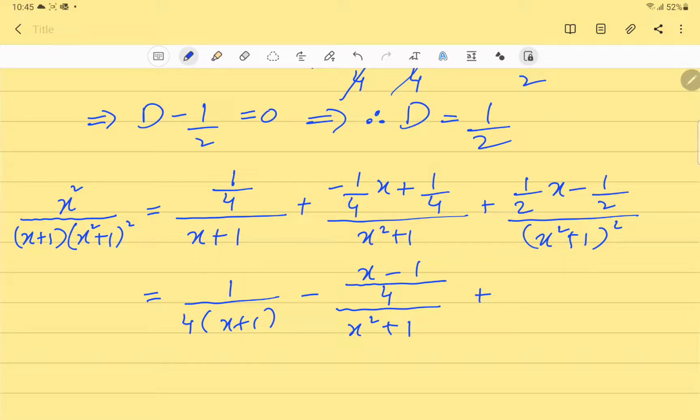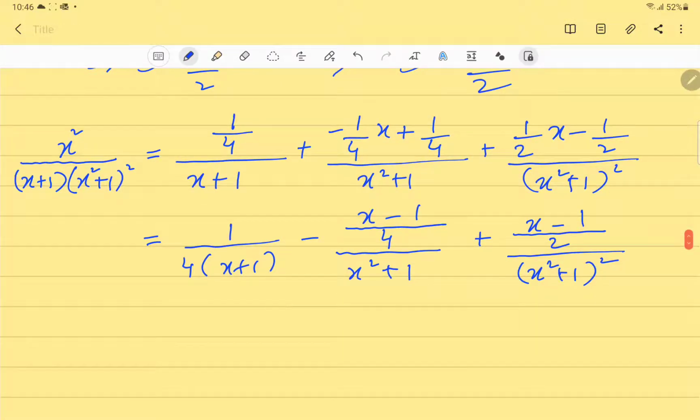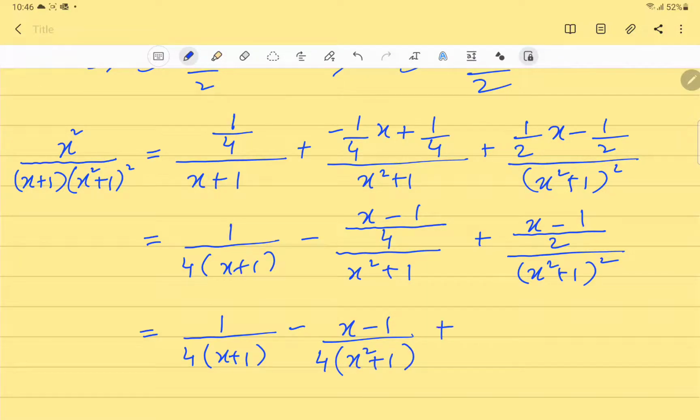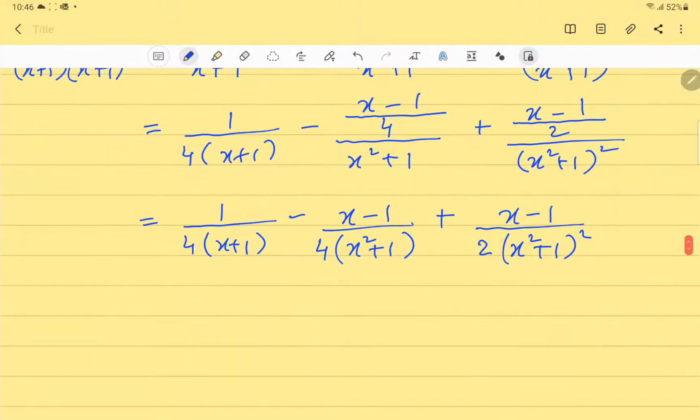Then here we will take LCM, so it will become x minus 1 over 2 over x squared plus 1 squared, 1 over 4 into x plus 1 minus x minus 1 over 4 into x squared plus 1 plus x minus 1 over 2 into x squared plus 1 whole squared.